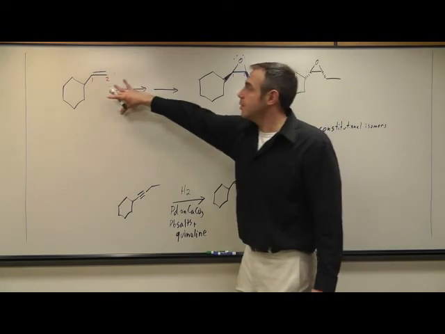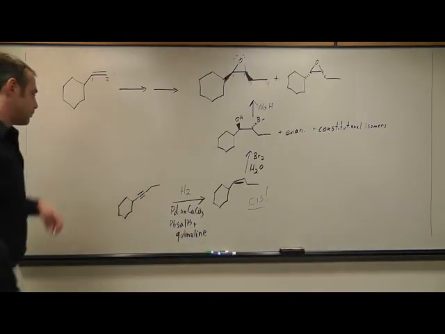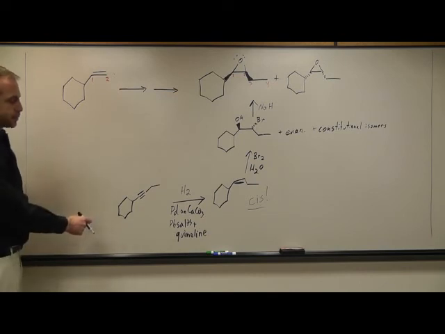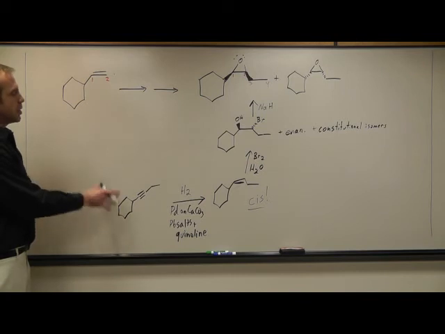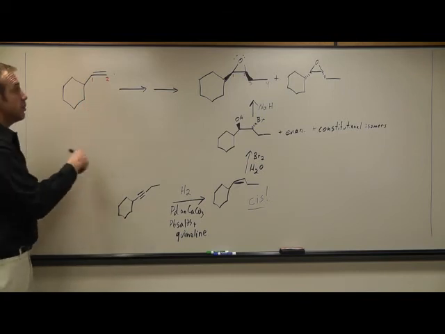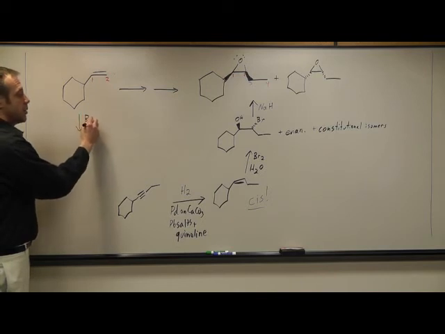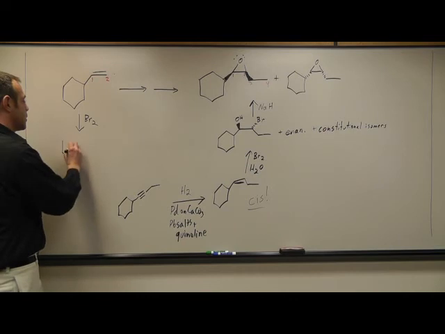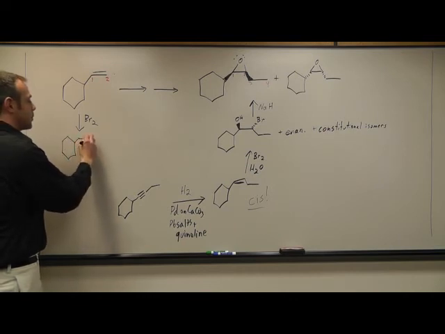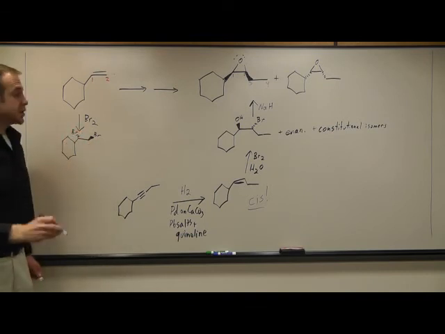Okay, so now we've got to go from an alkene to an alkyne. In order to make this alkyne, we can first make an alkyne from the alkene in a 2-step sequence, where we brominate or chlorinate. You can use Cl2. This gives us anti-addition of bromines.